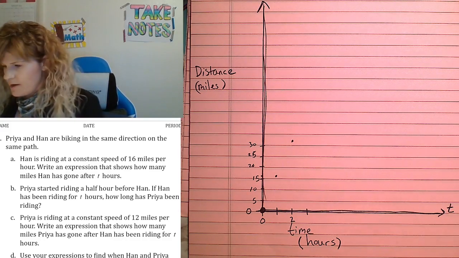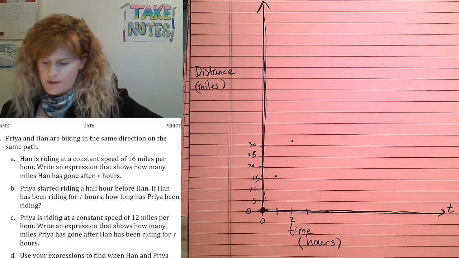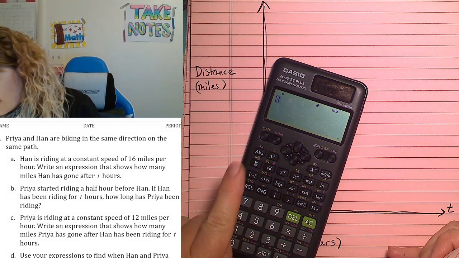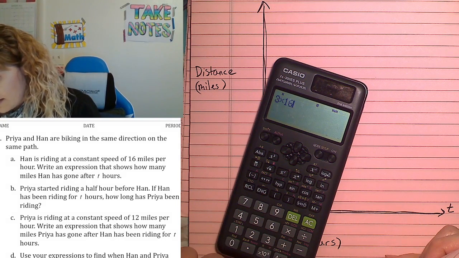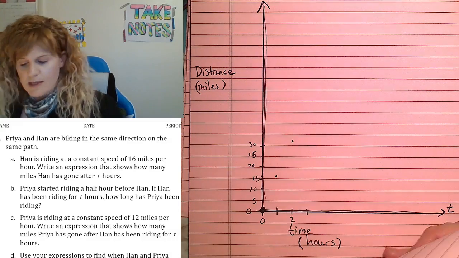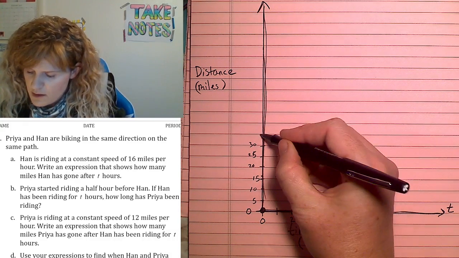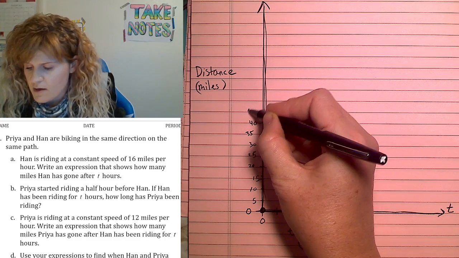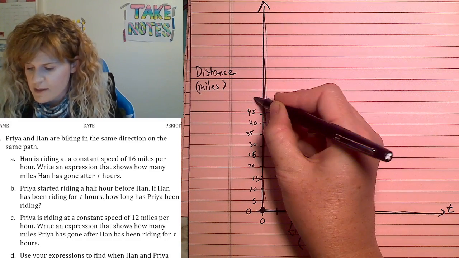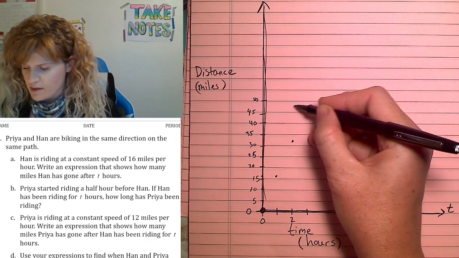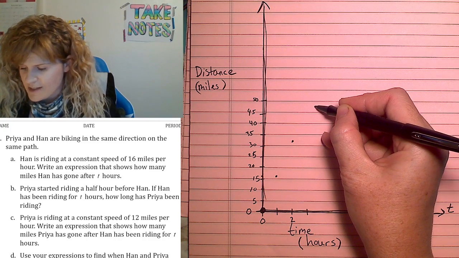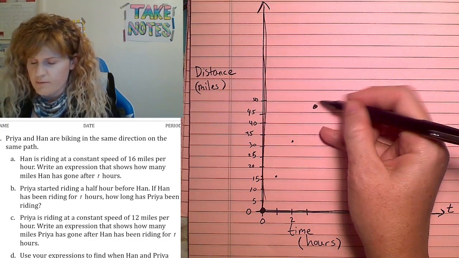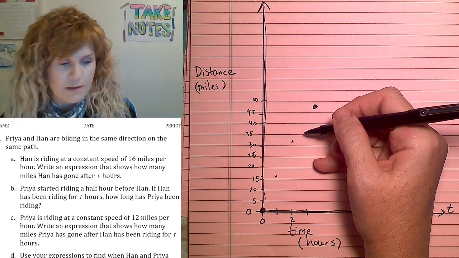Wait, I want to make sure I don't make a mistake. Sometimes when I do it in my head, I lose track. 3 hours times 16 miles per hour, that's 48. My mistake. So 30, this is 35, 40, 45, and then this is 50. So 48 is just a little below there. I'm just estimating my points. There, at 3 hours, he's biked 48 miles.